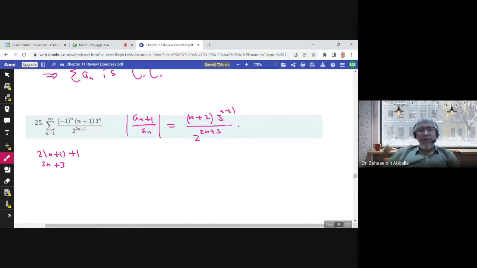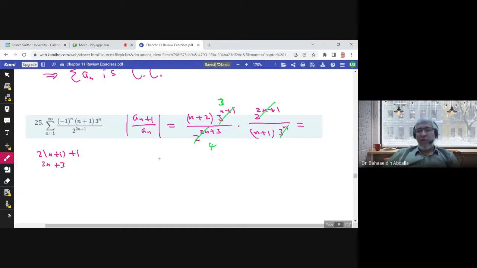And divided by a_n, I have 2 times 2n plus 1 over n plus 1 times 3 to the power n. There's no need for the absolute value. Everything is positive here because we did not write negative 1. So cancel this with this, I'll have 3. Cancel this with this, I'll have here 2 to the power 2 times 2 to the power 2n plus 1.